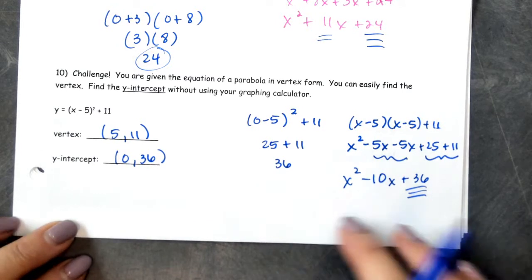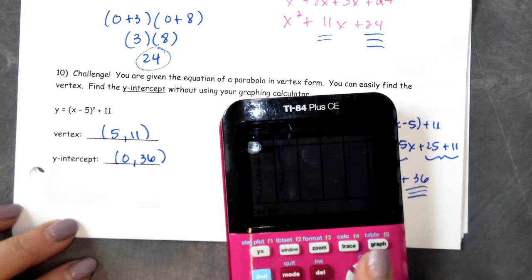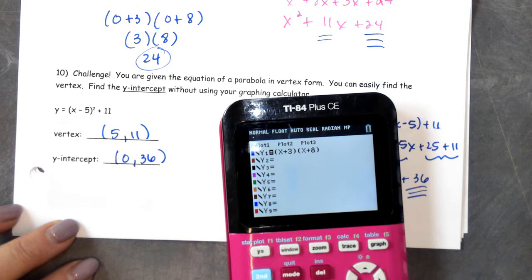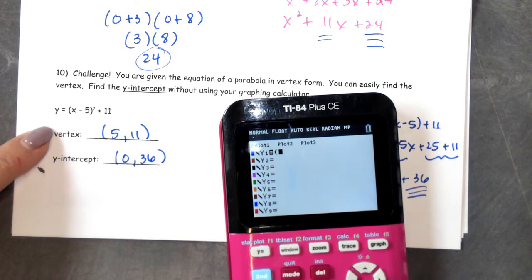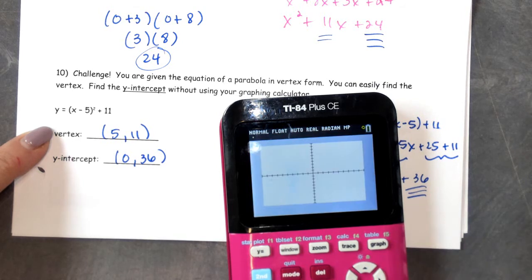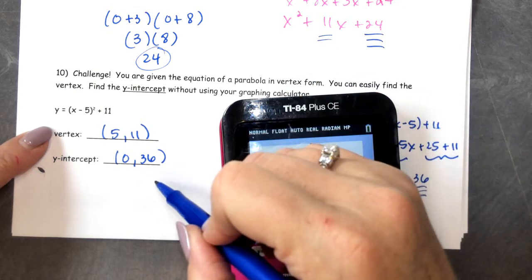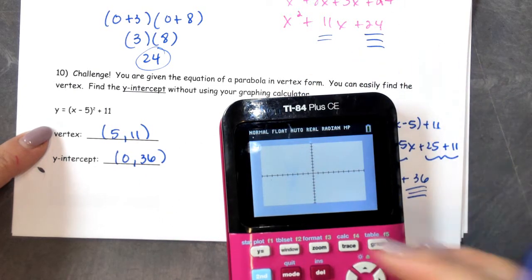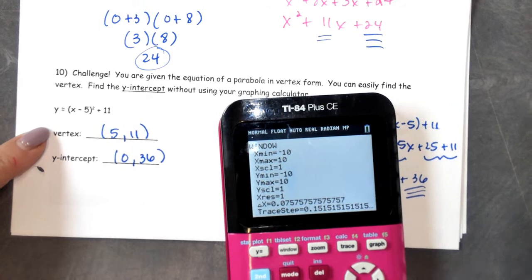So there are a couple of ways you can find it algebraically, or you can say, nope, I'm going to use my graphing calculator. So x minus 5 squared plus 11. Graph. You don't have to move any forms around if you don't want to. And then you'd go to your table. Some of you might say, I can't see this. Well, think about that: your y-intercept is 36, so it's off the grid. If you don't want to change your window, it doesn't matter.